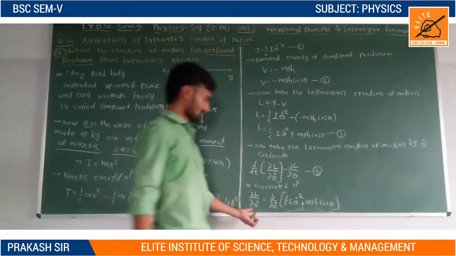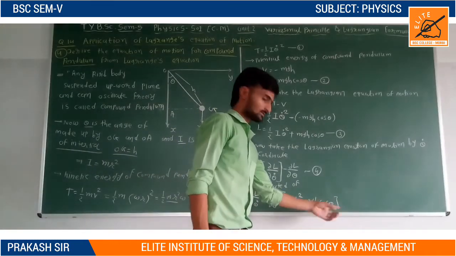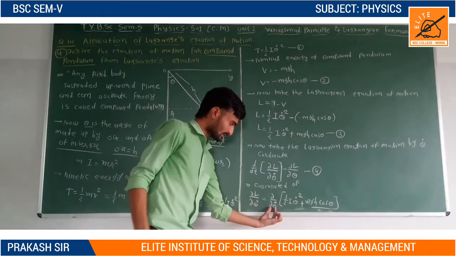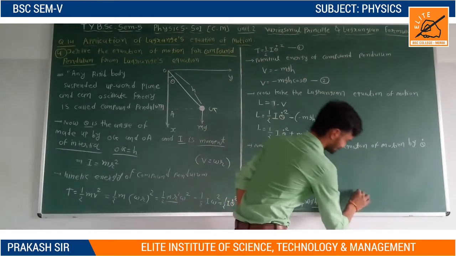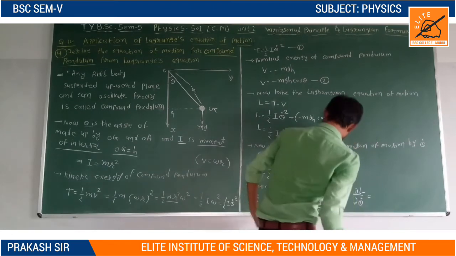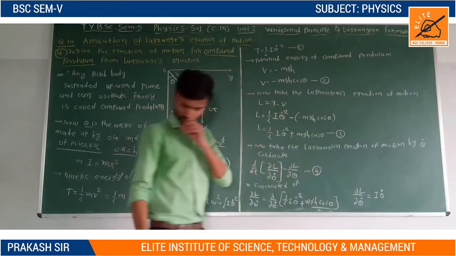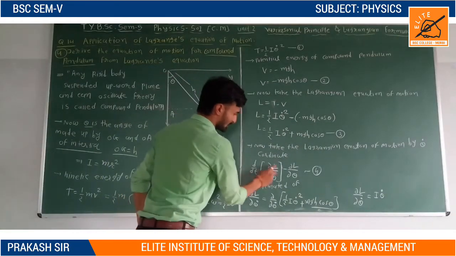Taking the derivative with theta dot, the second term has no theta dot, so it is 0. In the first term the 2 cancels, so del L upon del theta dot is equal to I theta dot.